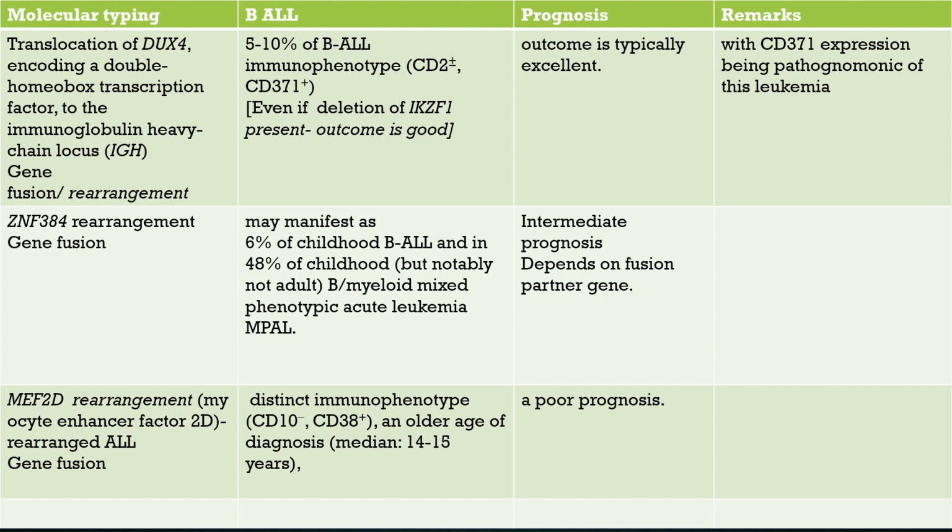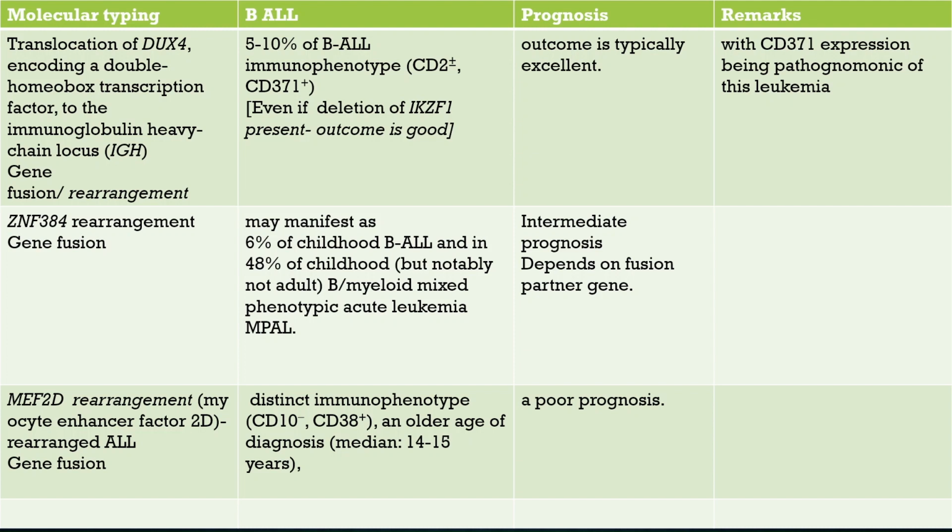Translocation of DUX4, DUX4 encoding the double homeobox transcription factor 4, to the immunoglobulin heavy chain locus gene, IGH gene. The abnormality is gene fusion or rearrangement. It is seen in 5 to 10% of BALL. Particular immunophenotype is important.